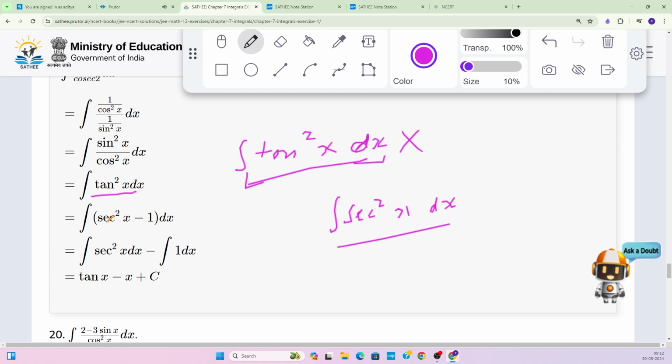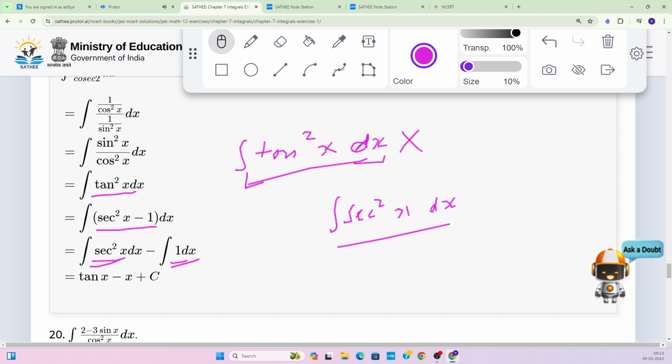Tan square x can be rewritten as sec square x minus 1. Now separate them, you know about this integration and this integration. So this will be tan x minus x plus some constant. Such a technique you must apply.